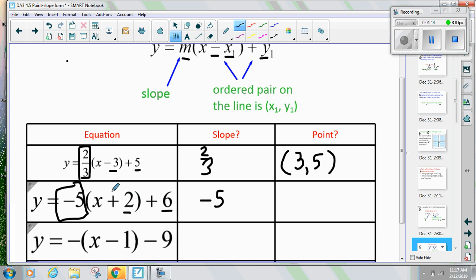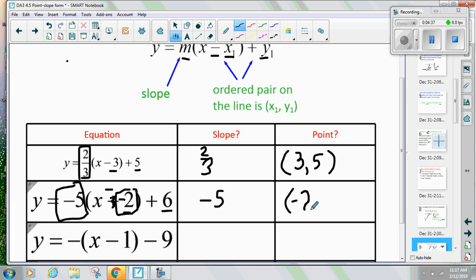How do I get to a positive 2 if I'm subtracting? That would mean I would have x minus -2, right? So x minus -2 is the same as x plus 2. So in this case, my x sub 1 is -2.